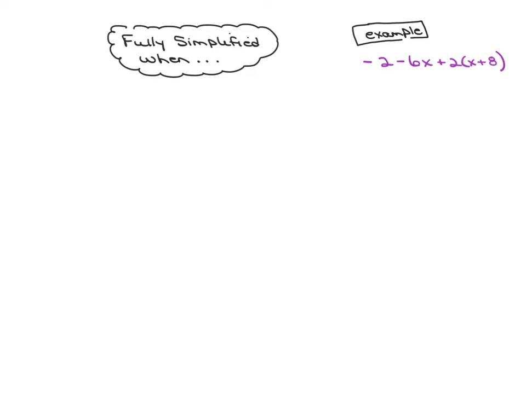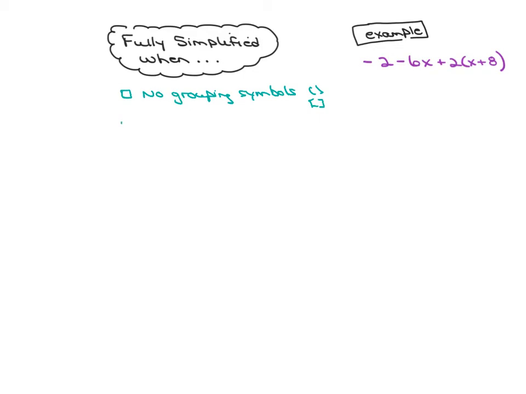All right, welcome back. So I think about four things when I think about how do we know when an expression is fully simplified. So the first thing is that there are no grouping symbols. And these would be things like parentheses, brackets, grouping symbols. All right, so fully simplified, no grouping symbols.